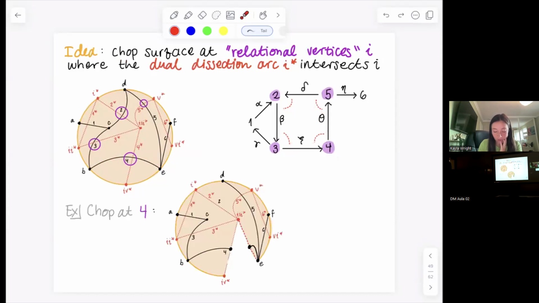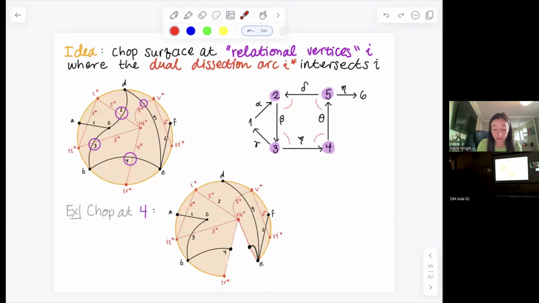So if I go ahead and do that, there's some technicalities with adding different marked points on the boundary, but you can kind of see that if we were to chop at this vertex here and chop this arc 4, now it's kind of cut in half. It looks like this, and this was the arc for now kind of 4 bar or 4 star copied twice. So when we get rid of this relation, we now have a surface that looks like this.